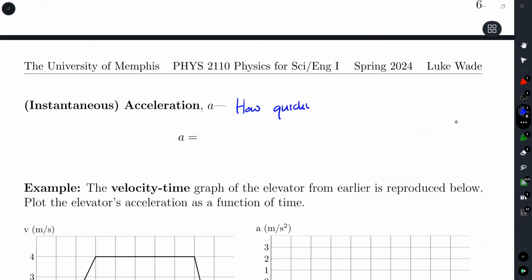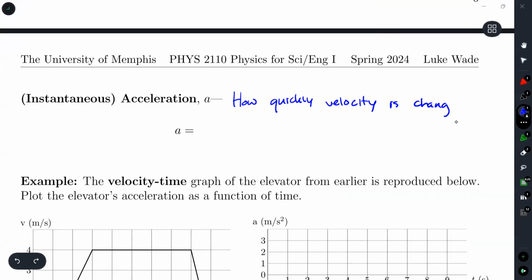So this is how quickly velocity changes at an instant. So it gives you an idea of in the next instant, how will your velocity have changed? What will its new value be just a very, very short time later?